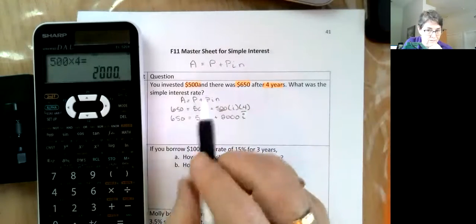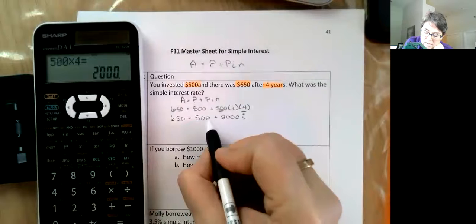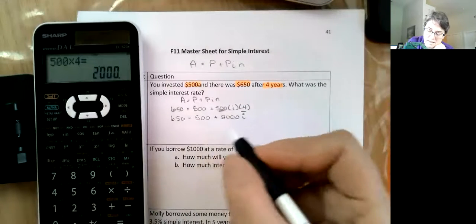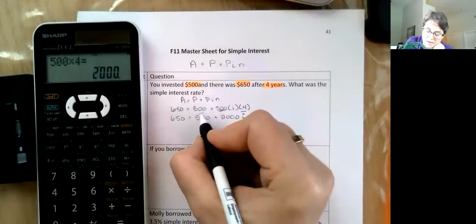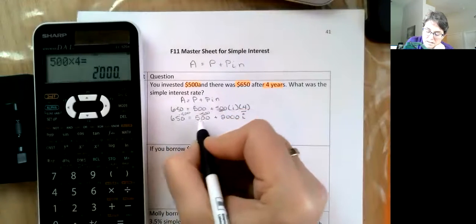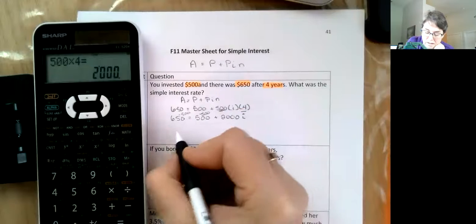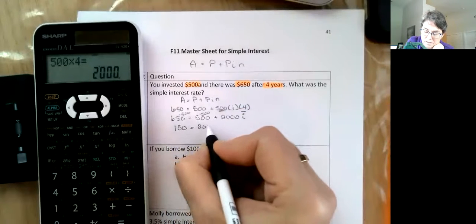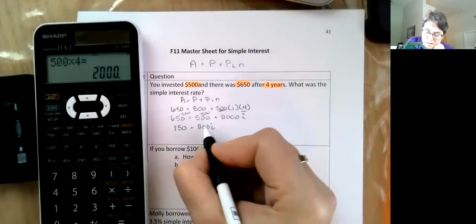Now, careful, this is where people screw up. Can't put those together because they are not like terms. This has an I in it, this doesn't. But I can move the 500 over here because these are like terms, they're both just numbers. So that's going to give me 150 left is equal to 2,000 I. Whoopsies, I lost the 0 there.